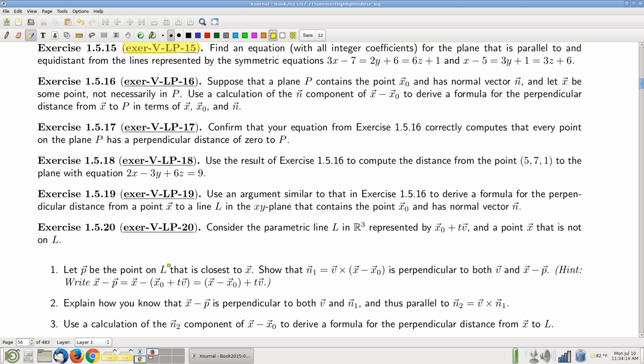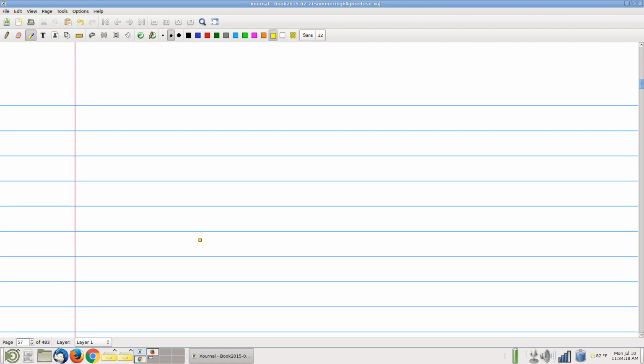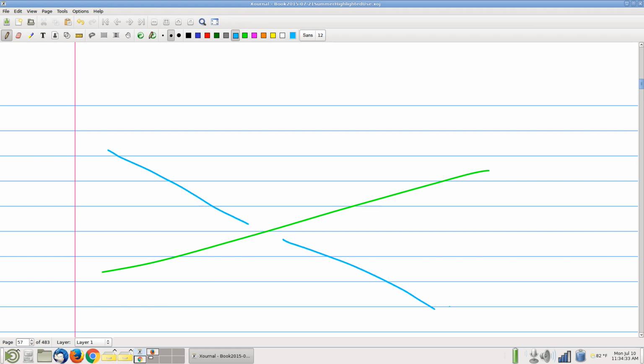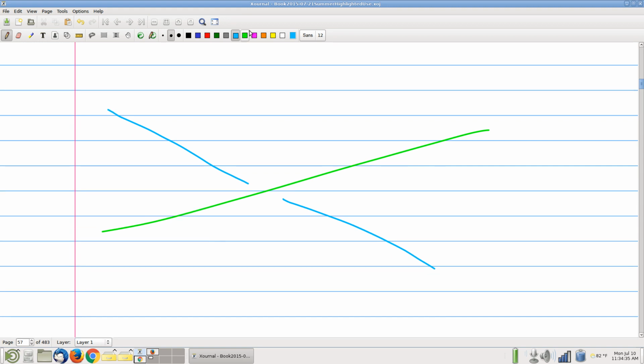Let me talk about the strategy first. I'm going to draw a picture. So we have a line there, and we have another line like that, and there's a plane that's kind of sandwiched right in between them, right?